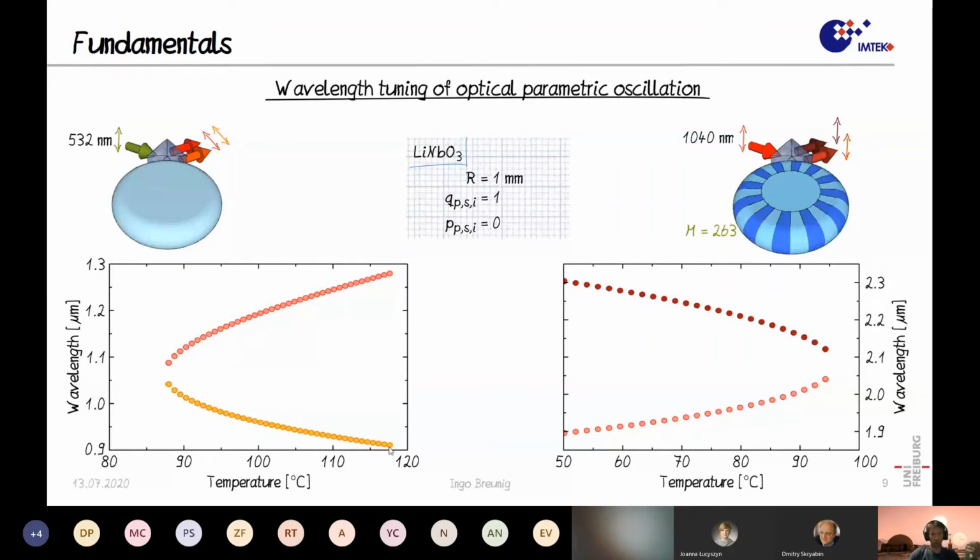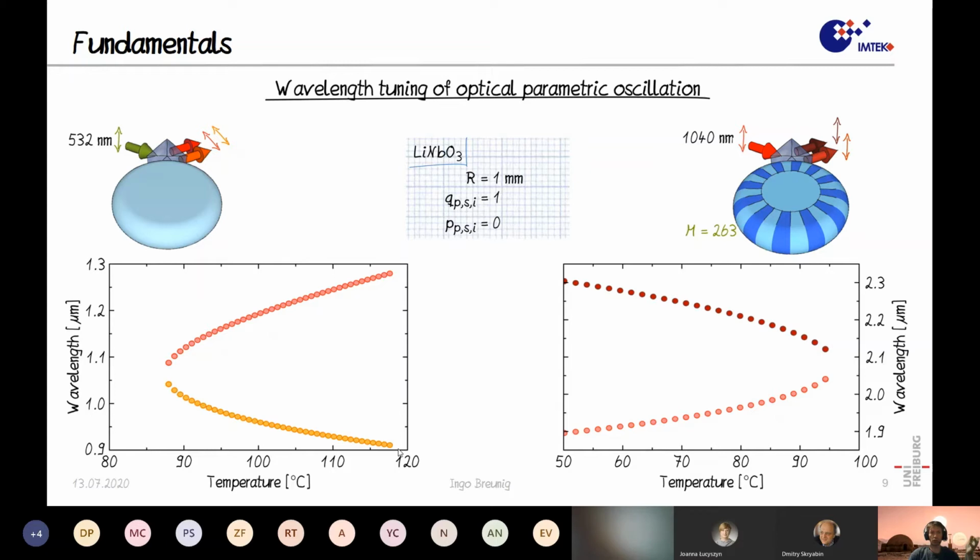In orange, you have the signal light, and in red, the corresponding idler light. You can go pretty close to the point of degeneracy here at 87 degrees centigrade. Then you just increase the frequency distance of signal and idler by increasing the temperature.